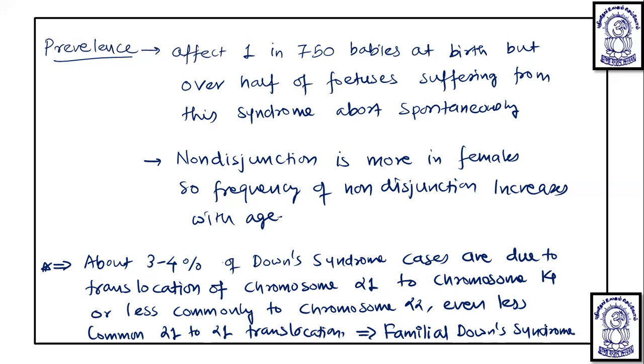Okay. Now, another disorder which we are going to discuss, that is in autosomal chromosomal abnormalities, that is myelogenous leukemia.